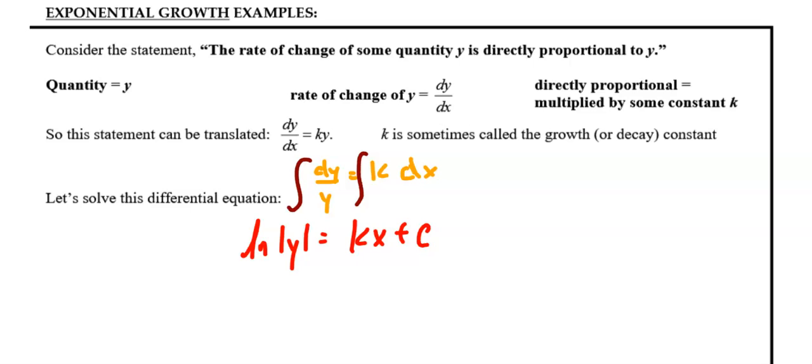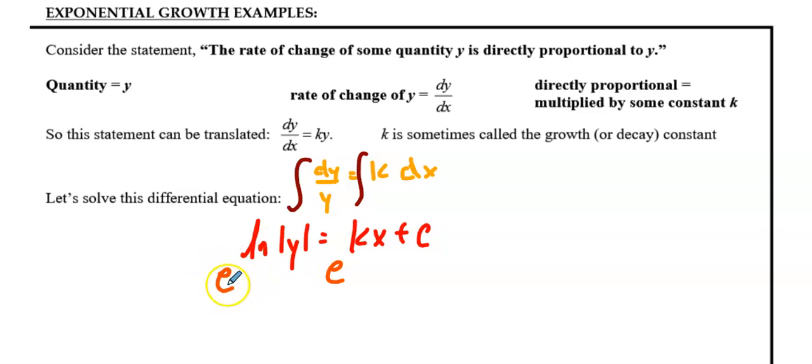And what we now need to understand is how we get rid of y. How do we isolate y if we have the natural log of y? Well, again, you guys learned back in good old pre-calculus that you can raise everything to the e power, because if e to the a is equal to e to the b, then a and b have to be equal to each other, so we haven't changed the problem.